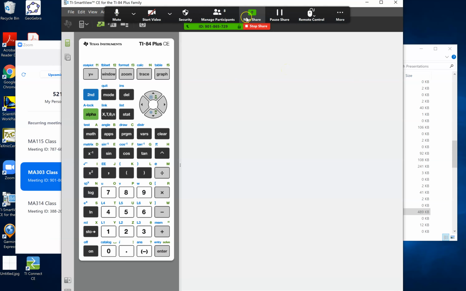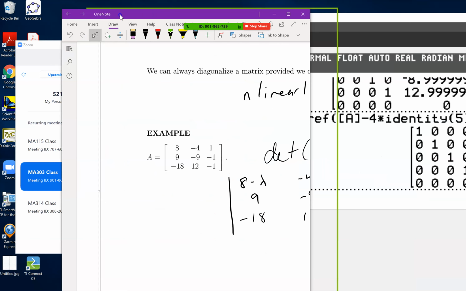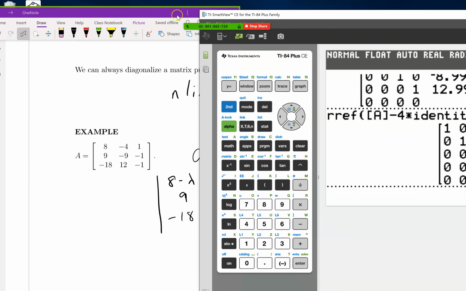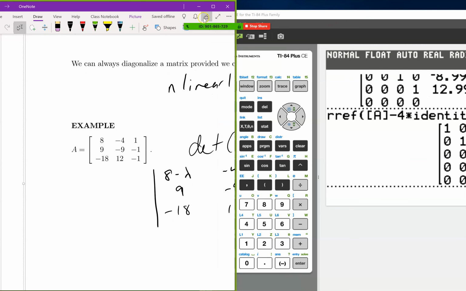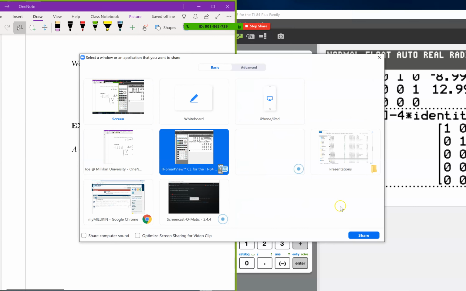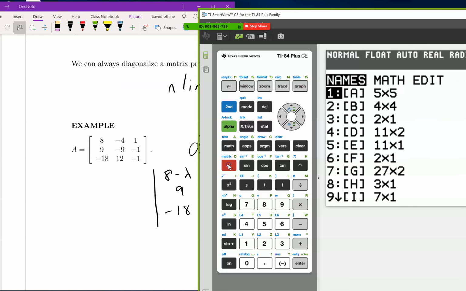It's opening, I promise. There we go. All right. Let's see if I can organize my screen so I can see it before I share the calculator here. All right, so let's do a new share with the calculator. All right, so let's go to second matrix.